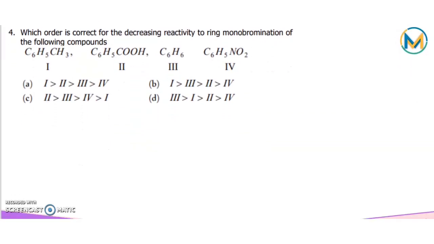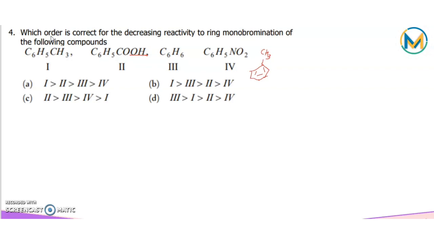Next, which order is correct for decreasing reactivity to ring monobromination of the following? So first of all, we are supposed to write the structure of these given formulas. C6H5CH3, that's nothing but toluene. So it's C6H5 and there is one CH3 group attached.